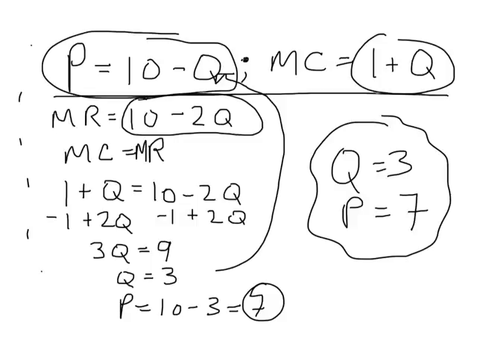I guess, you know what, let's do the whole problem. If you get an algebraic problem and then you're asked about consumer surplus, I would recommend mapping it out. So let's just do that same algebraic problem, but now translate it into graphical form.